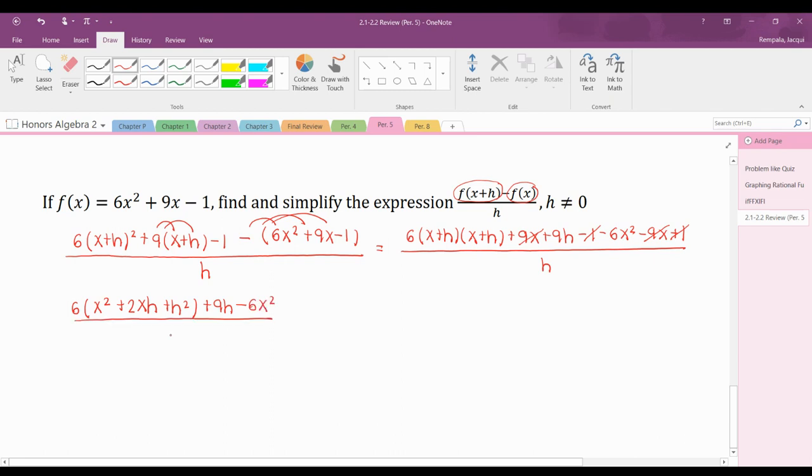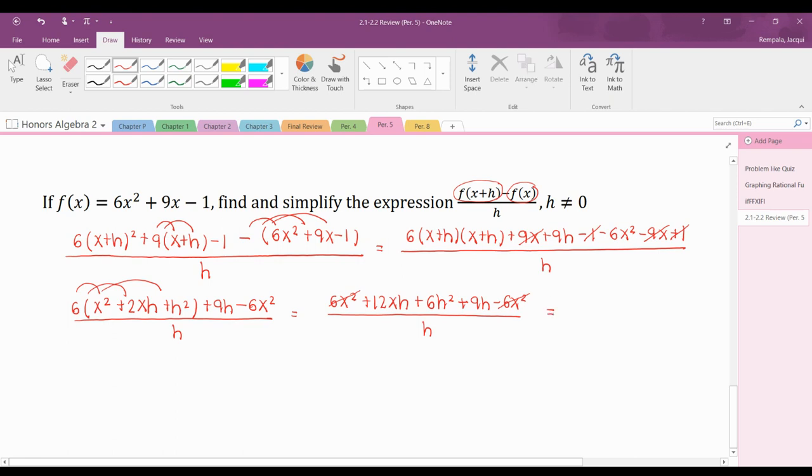So now I can finally distribute the 6 to get rid of the parentheses. So we'll have a 6x squared plus 12xh plus 6h squared plus 9h minus 6x squared. In my numerator, looking for like terms, looks like the 6x squared and the negative 6x squared cancel.